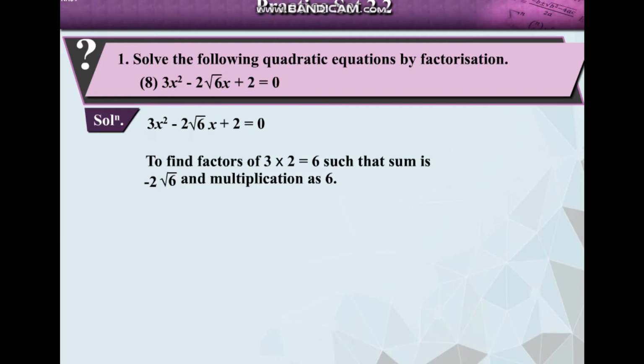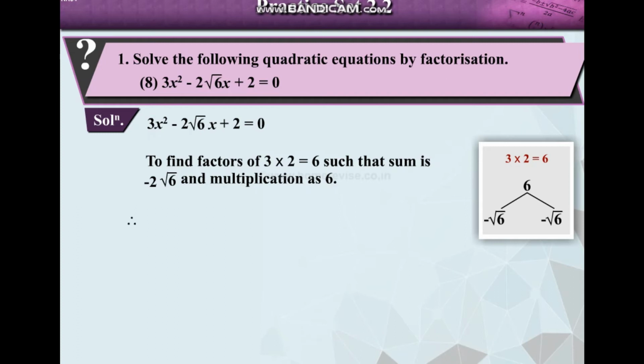To find factors of 3 multiplied by 2 is equal to 6, such that sum is minus 2 root 6 and multiplication as 6: minus root 6 and minus root 6. Therefore, 3x square minus root 6x minus root 6x plus 2 is equal to 0.